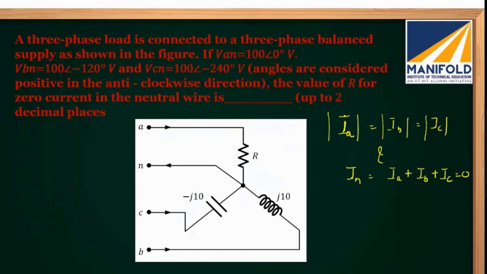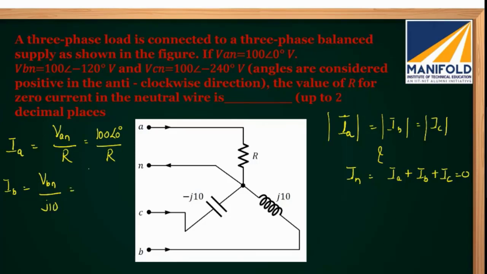Now, what is the value of IA? The current IA is given by VAN divided by R, whose value is 100 at an angle 0 divided by R. What is the current IB? VBN divided by the impedance in B phase, which is J10.